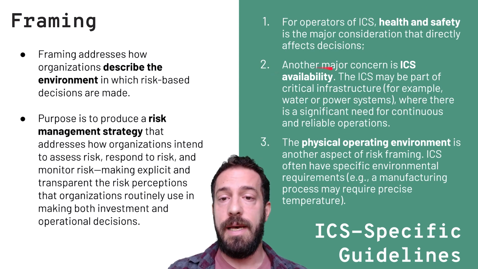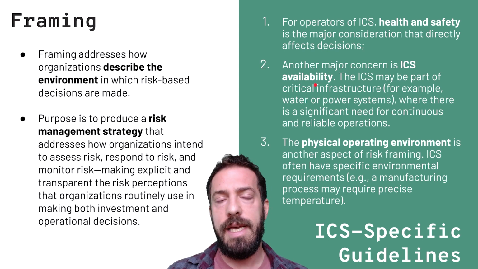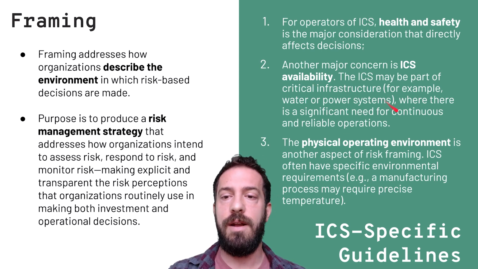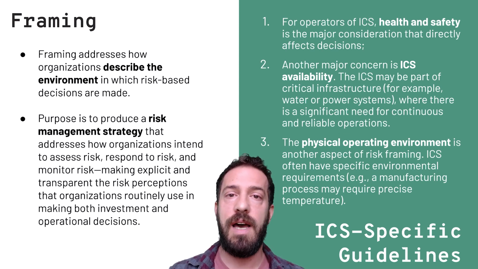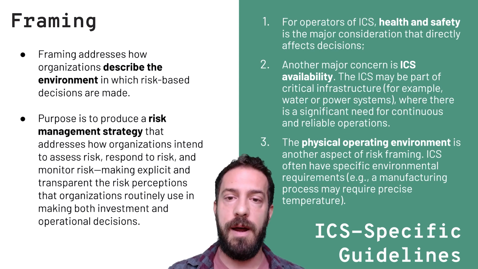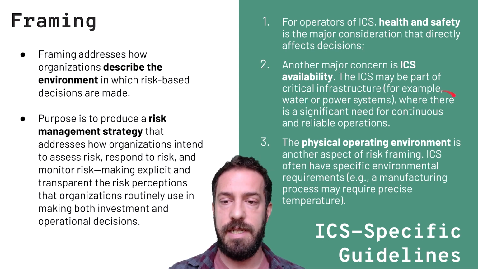Second is ICS availability. In case this ICS is part of critical infrastructure, water or power, then we have to ensure that even a low risk of having unavailability, of having some disruption in operation is not acceptable. So in the framing part, availability is major, and we need to address all possible risks that affect the availability of the ICS.